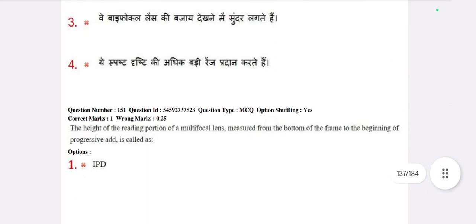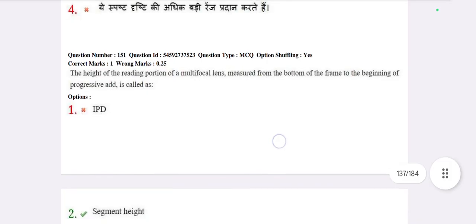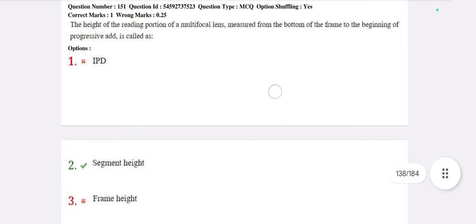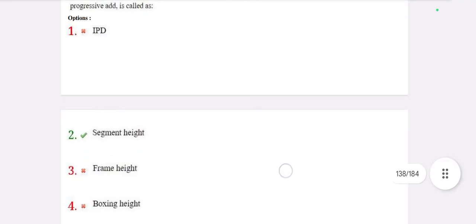Next question is, the height of the reading portion of a multifocal lens measured from the bottom of the frame to the beginning of progressive add is called. Answer is segment height.